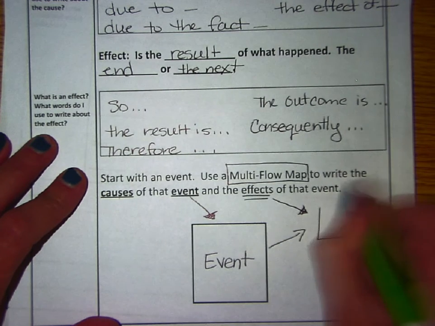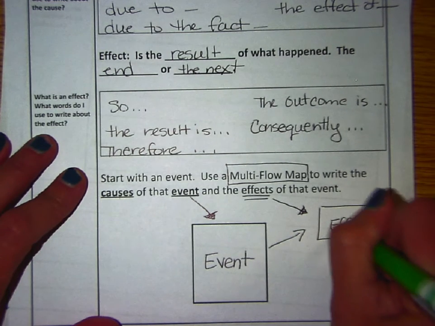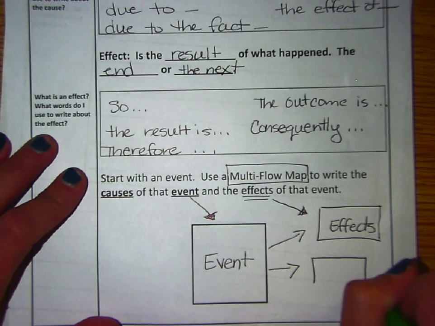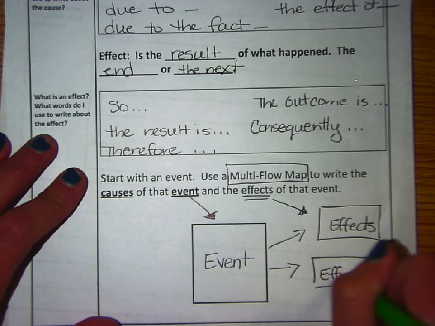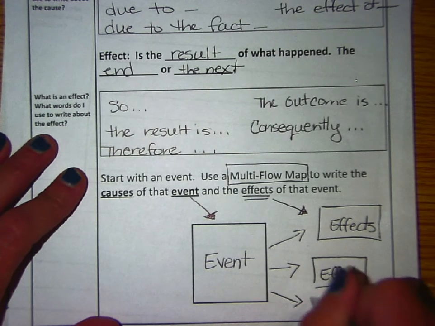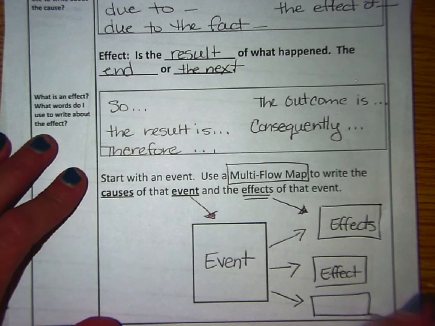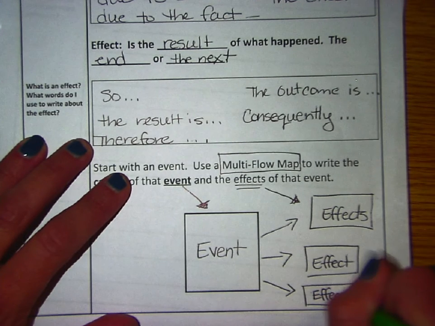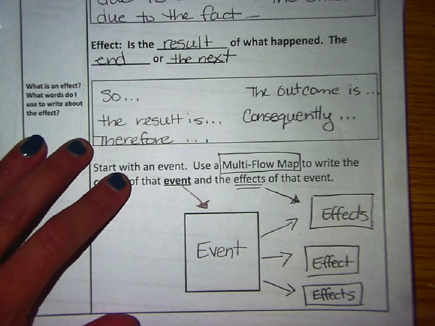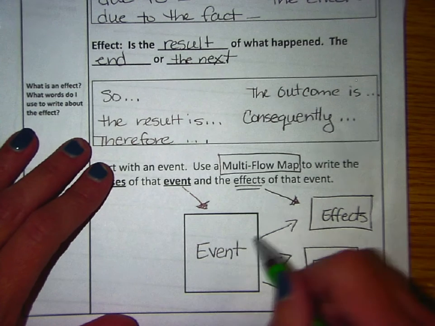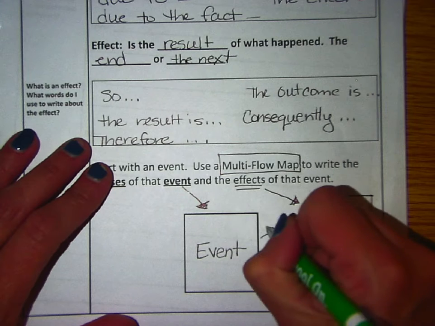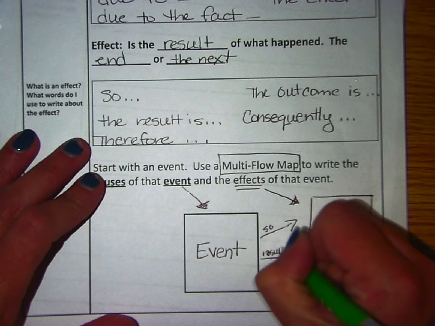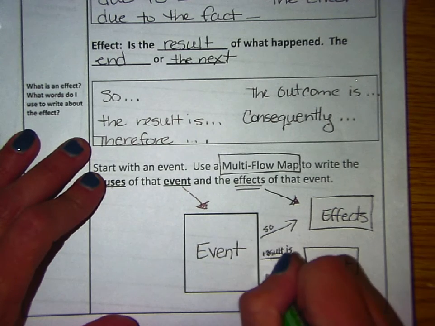So for example, we might have several effects. So I'm going to draw several boxes. There's an effect. There might be another effect. And even maybe a third effect, or 4 effects, or 5. Remember, we draw our thinking maps as we go. Okay, so these are the effects that come after. Now right here we could put our signal words like so, or the result is, or consequently.